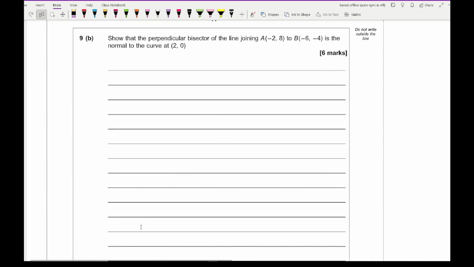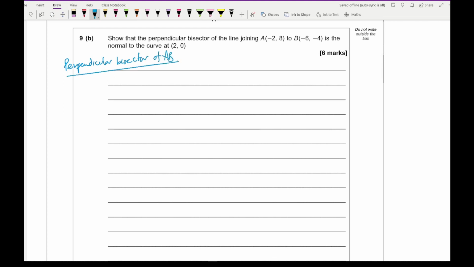Then for B, it says show that the perpendicular bisector of the line AB is the normal to the curve at 2, 0. So there's a couple of ways you can approach this. So let's first of all work with the perpendicular bisector of AB.